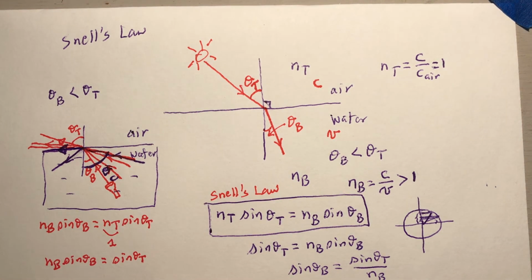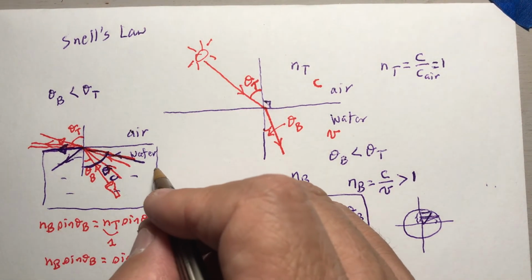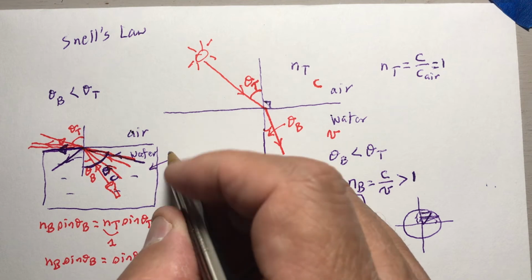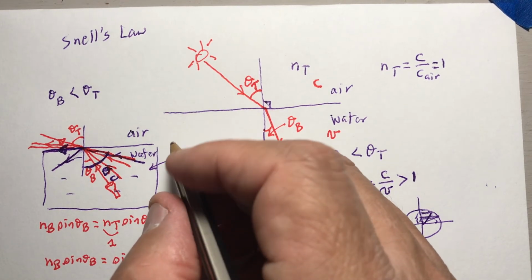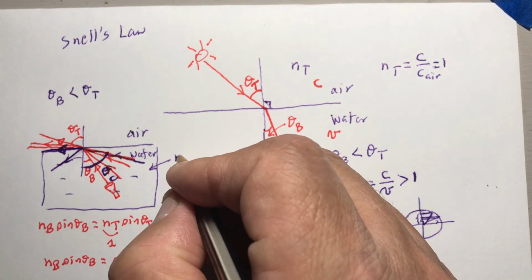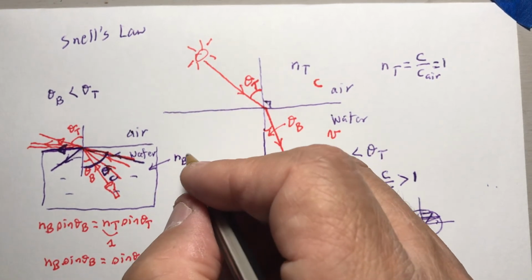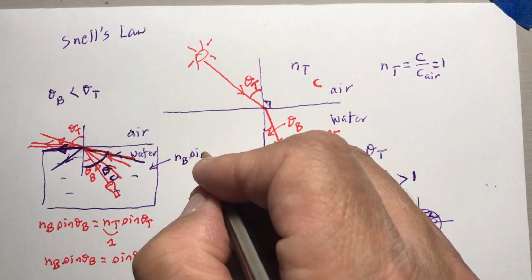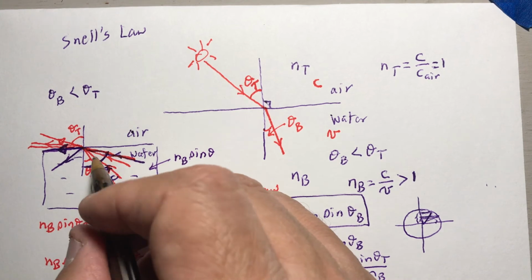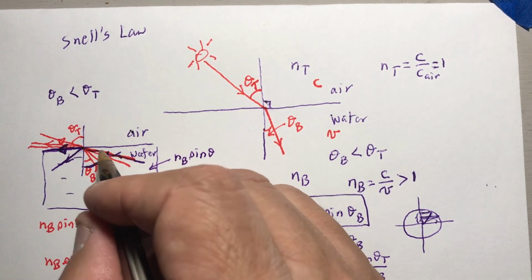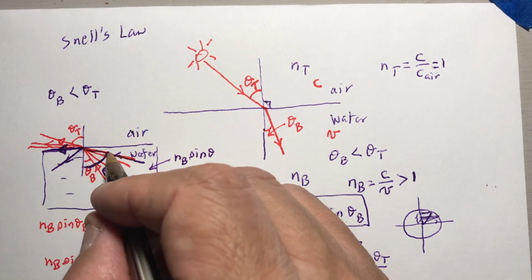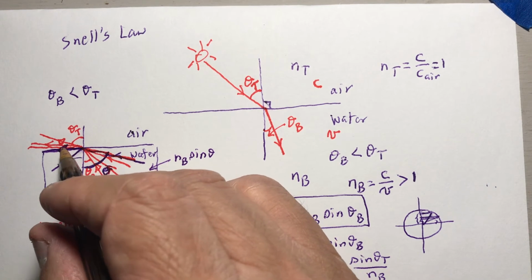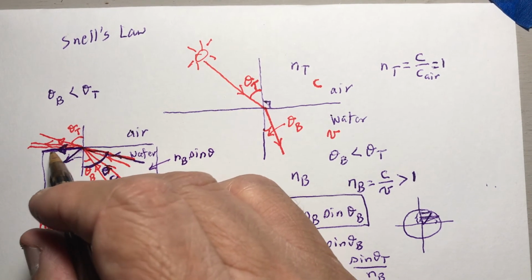So if we apply the formula here, I put here N_B and sine theta critical, this is when I don't pass this critical angle, right when the refracted beam goes like that.